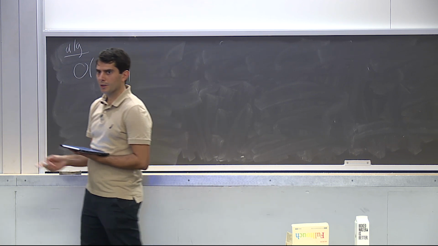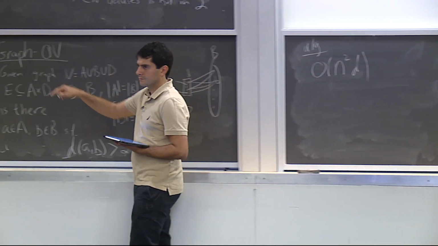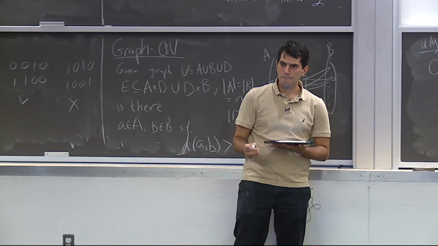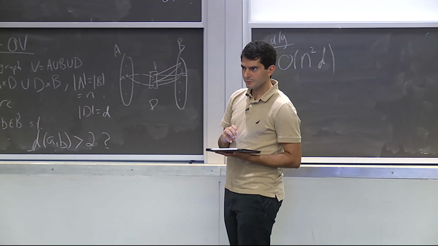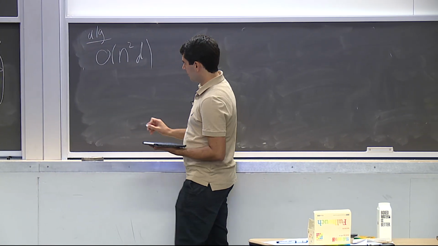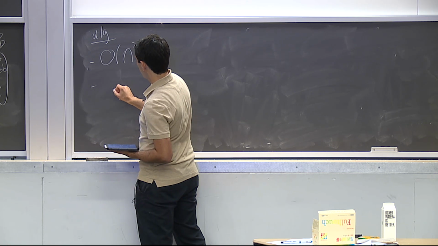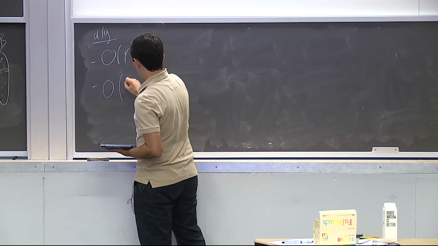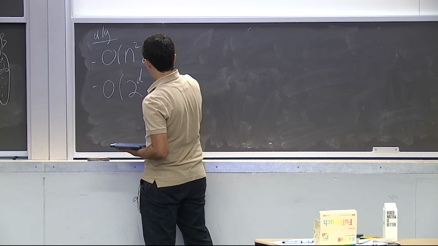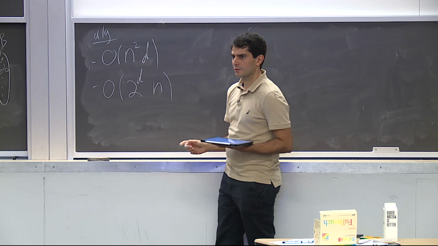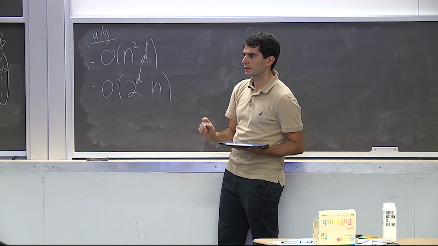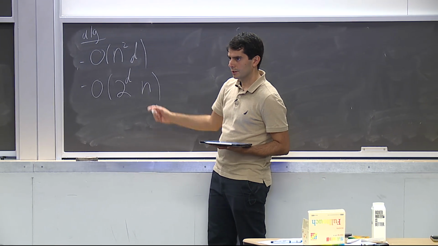Just try every pair, you check if they're orthogonal. Here's another kind of easy algorithm: 2 to the d times n. So if the dimension is very small, let's say less than log n, then this is not a bad algorithm.